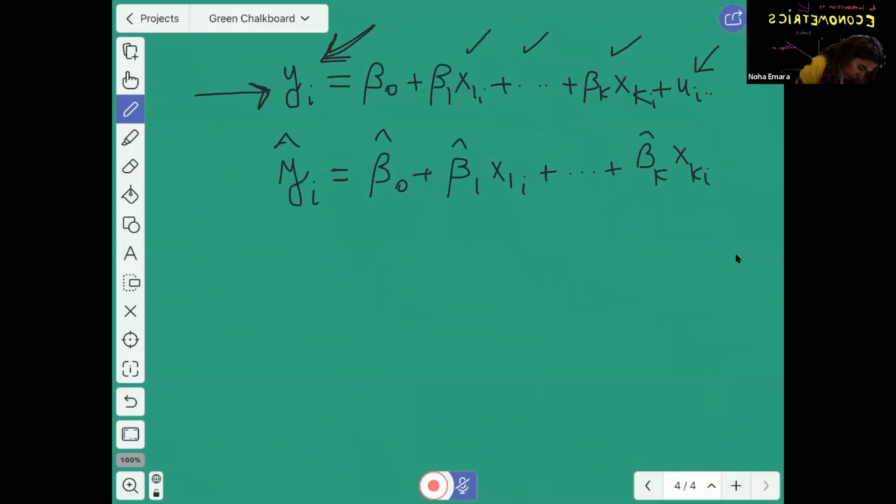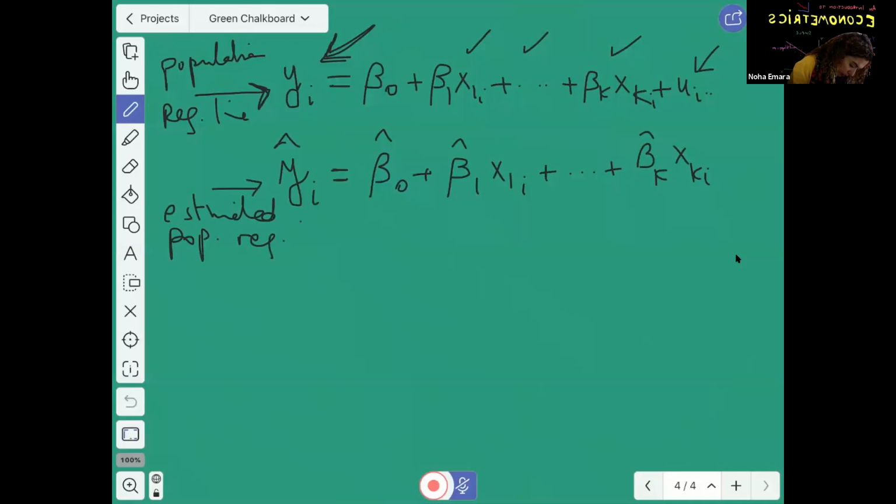We call equation number 1 the population regression line. So this is called the population, it's unknown. And then this one is the estimated population regression line. And of course you hope that the distance between my true value and my estimated value is as small as possible.